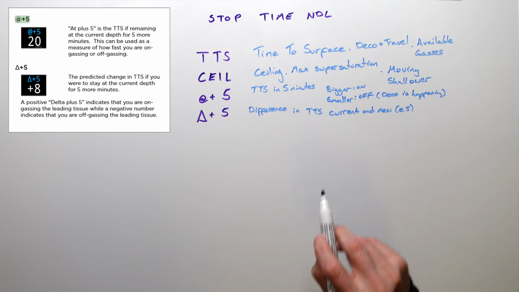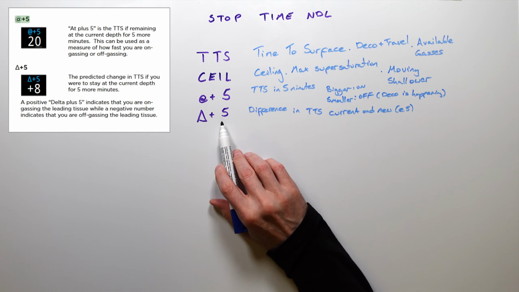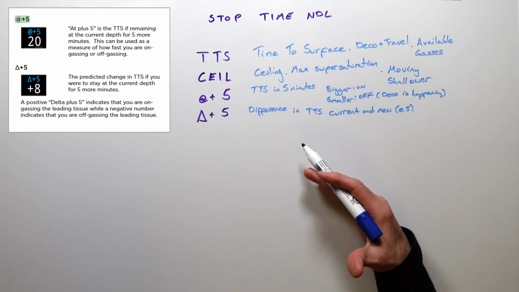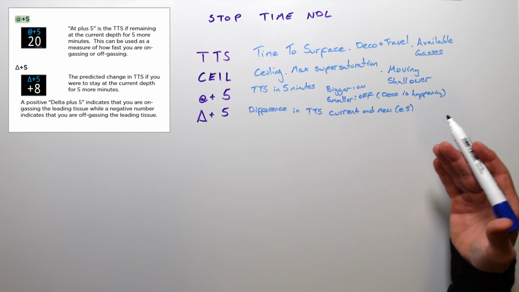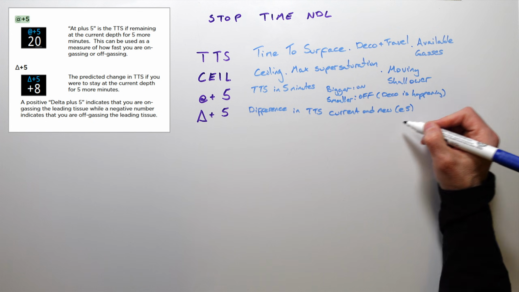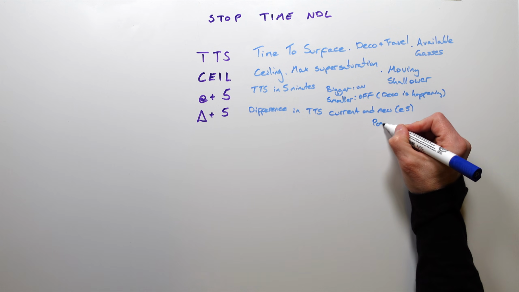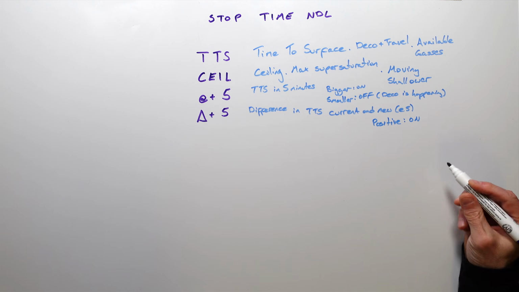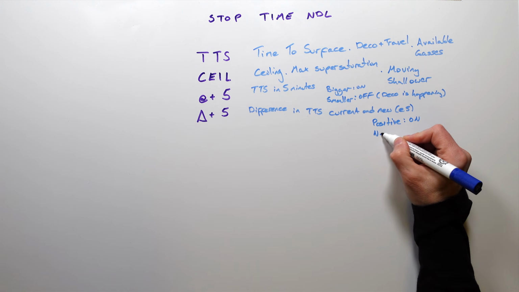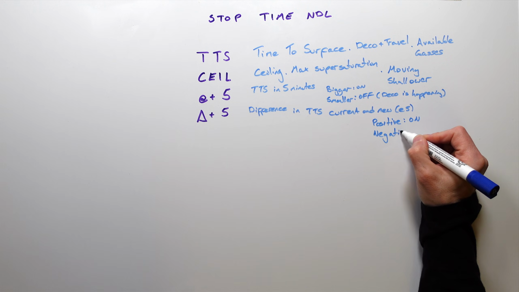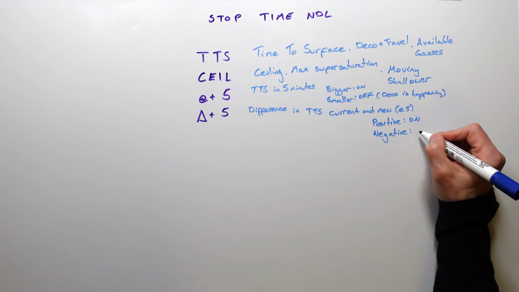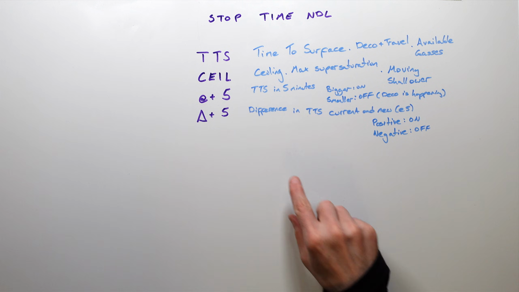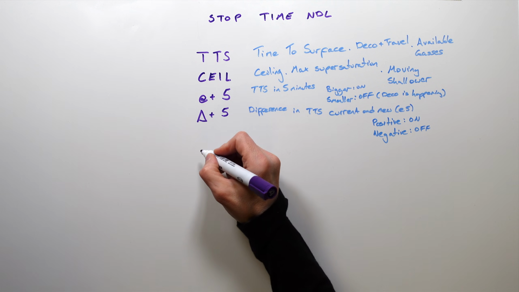And what that will tell you is that if it's a positive number, that means the TTS is increasing, which therefore means you're on gassing. So if it's positive, you're on gassing. And if it's negative, it means you're off gassing. You're in deco, okay?